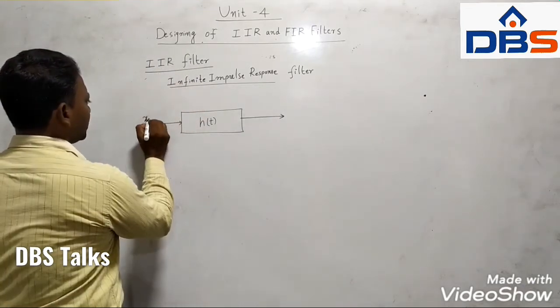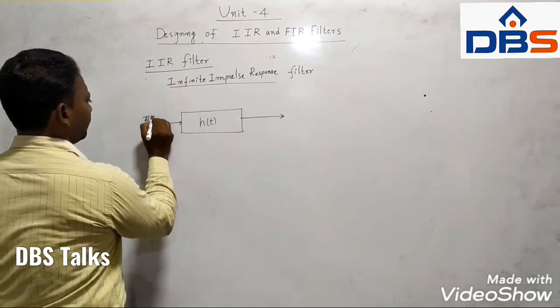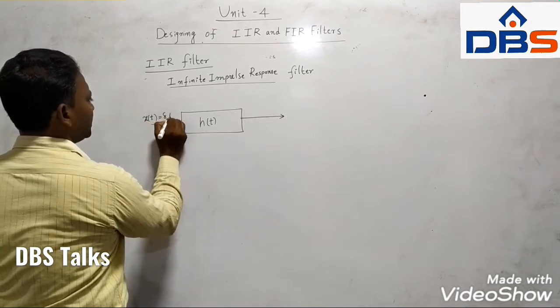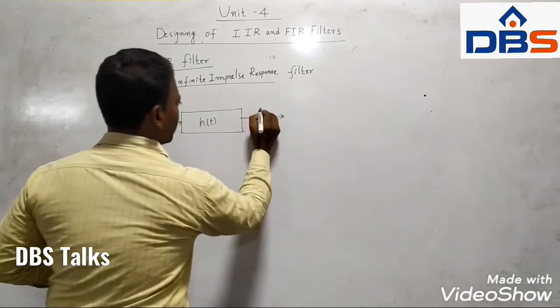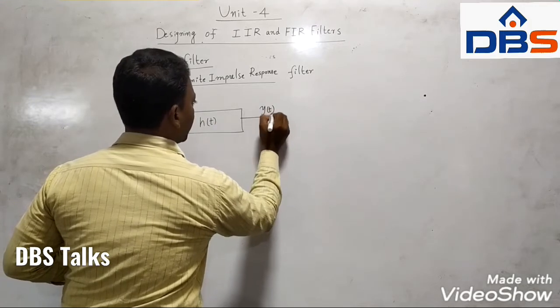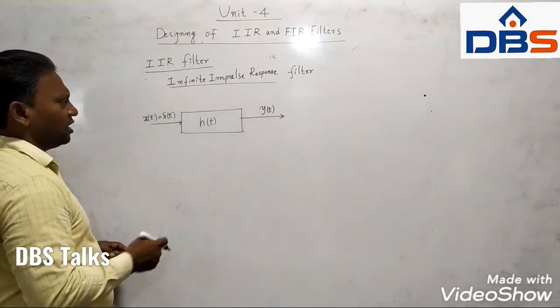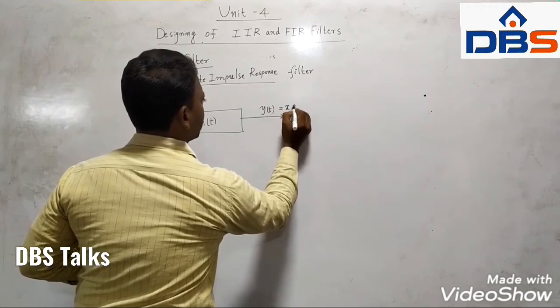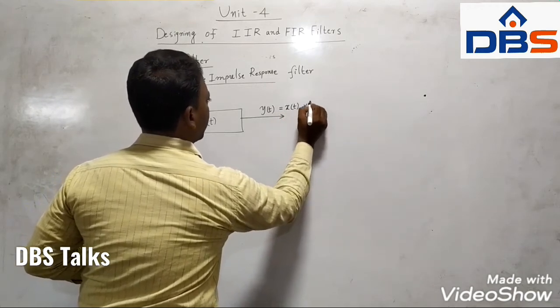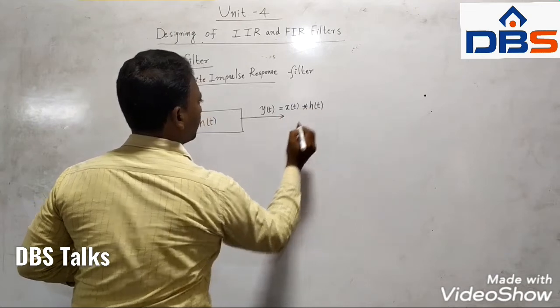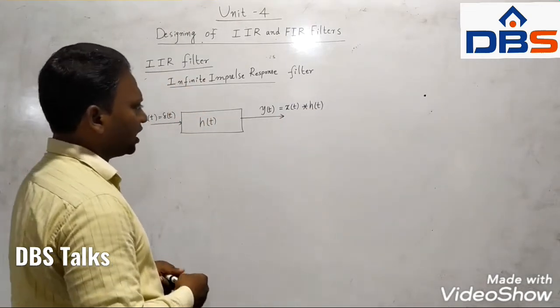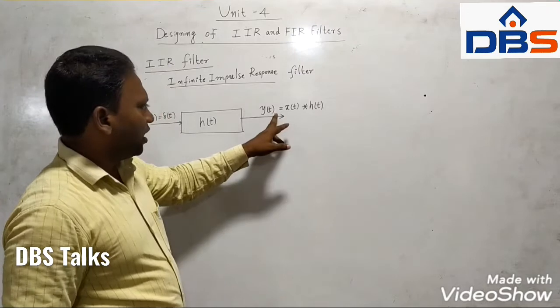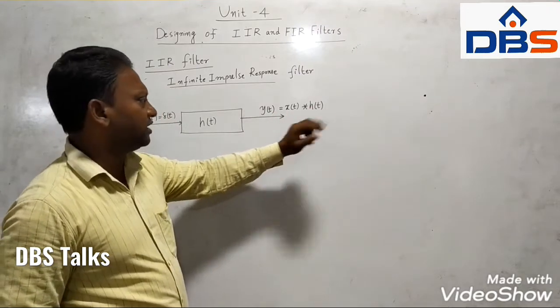If the input x of t is an impulse, the response of the filter is the impulse response. As we know, y of t is equal to x of t convolution h of t. This is how generally we get the output.